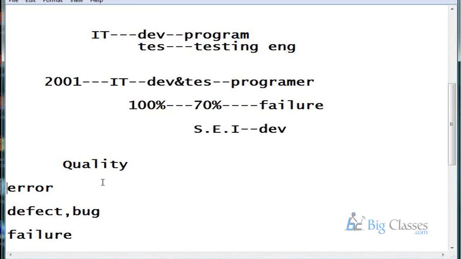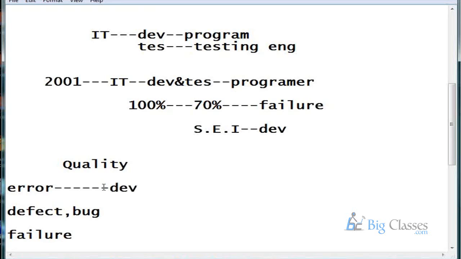Okay, but some definitions of error are different. What does error mean? A programmer developing the application has to write some programs, right? While writing the program, if they find any mistakes in programming, the mistake is called error.